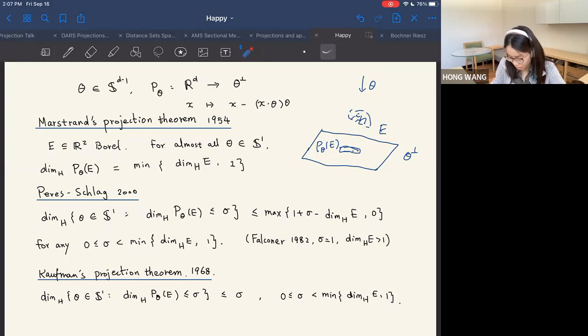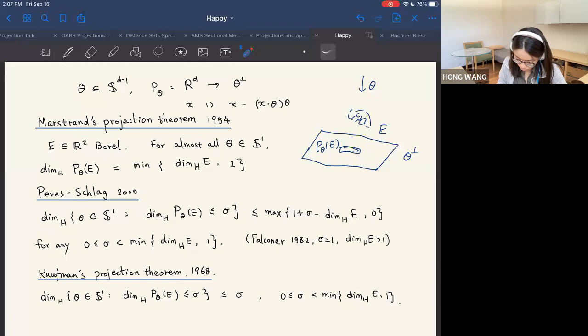It says that, suppose our set E has a large dimension, then intuitively the set of directions such that the projection image is small should have small dimension. So there won't be many theta such that the projection image has a small dimension. And this quantity quantifies how small the exceptional set will be.